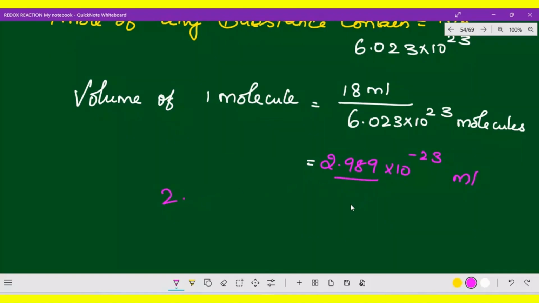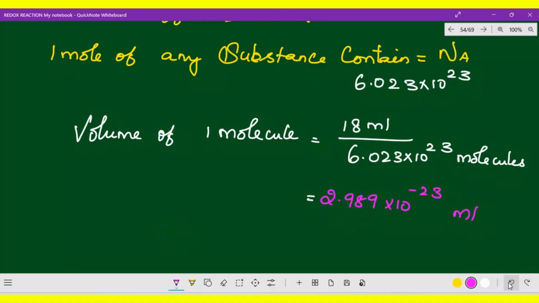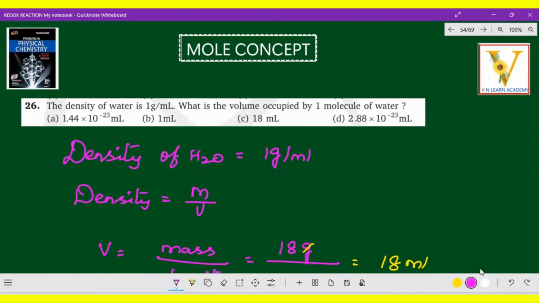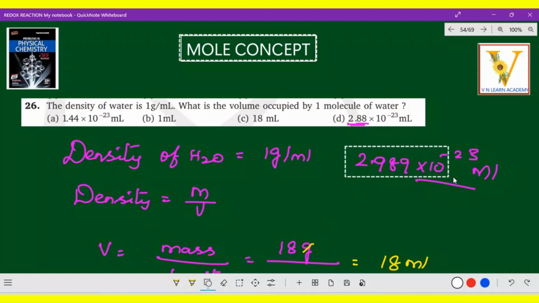But in the option, they have given 2.88. The correct value when we are solving is 2.989 into 10 to the power of minus 23 ml only. In the question when we are solving, this is the answer we are getting.